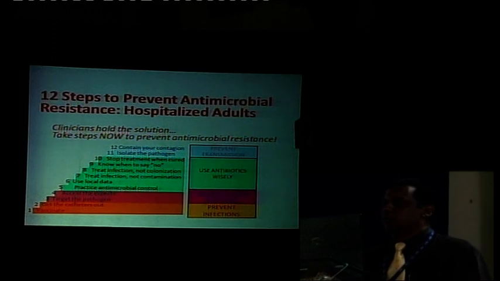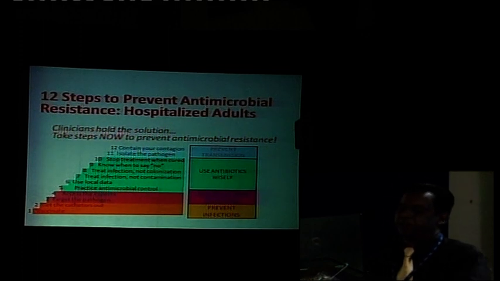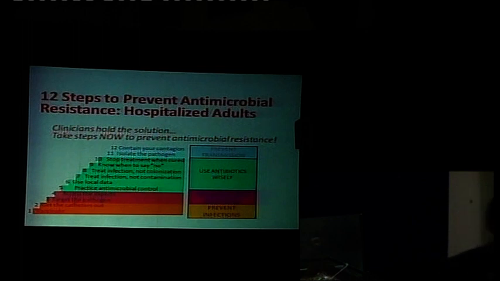With such a dangerous and grim scenario awaiting us, the onus is on us to devise strategies to prevent further spread or further development of drug-resistant bacteria. So we have 12 steps to prevent antimicrobial resistance for hospitalized adults.